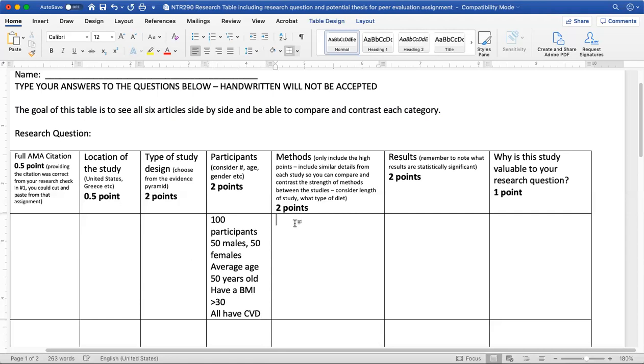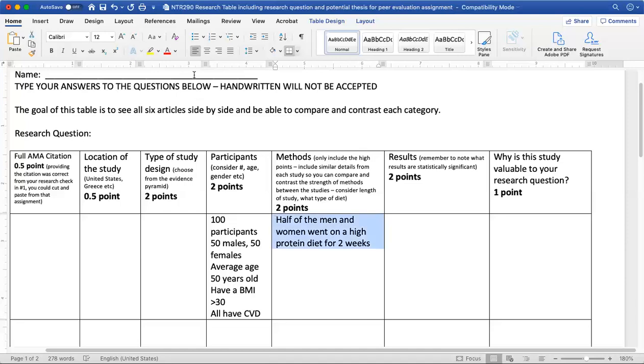That's particularly important with the methods. So with the methods section, you're going to just pare down the methods to your own words, to the key pieces, particularly if you're looking at a diet. So let's say that half of the men and women went on a high protein diet for 2 weeks.